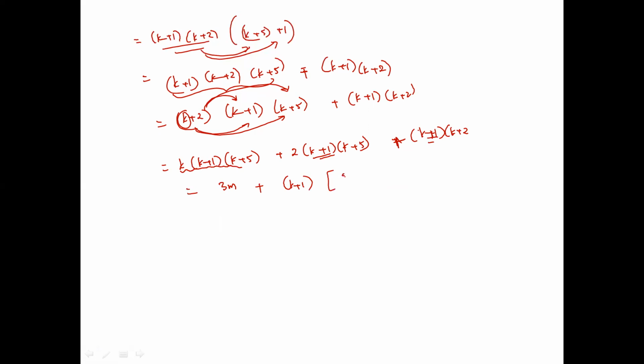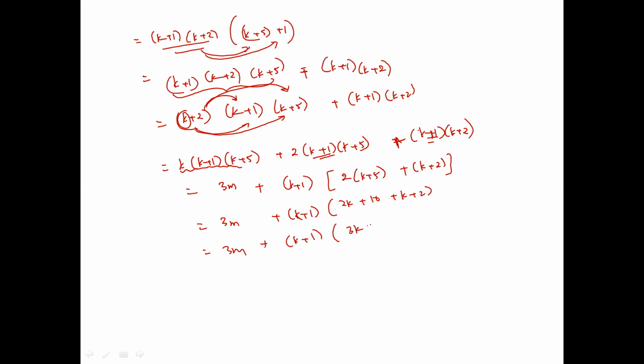So what do I have? 2(k+5) plus (k+2). This is left. So 3m plus (k+1)(2k+10+k+2), or 3m plus (k+1)(3k+12).